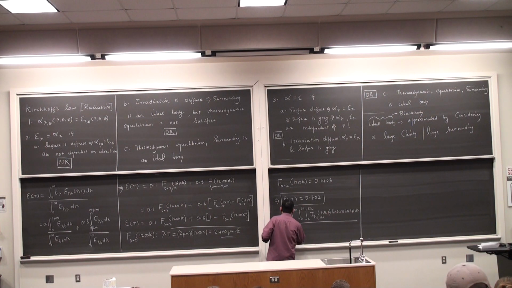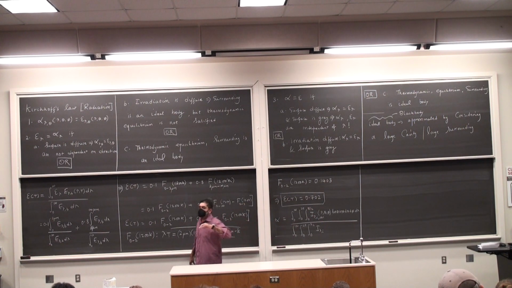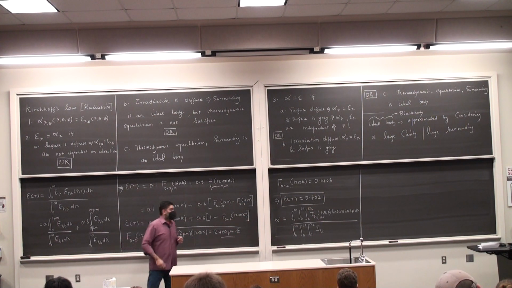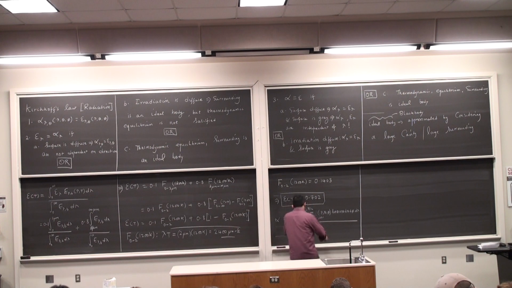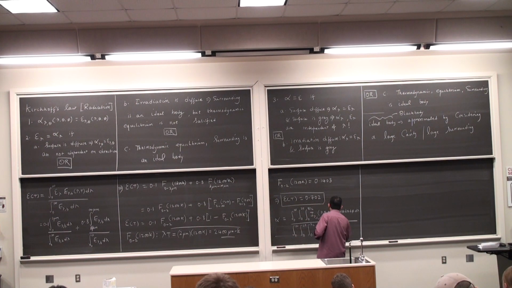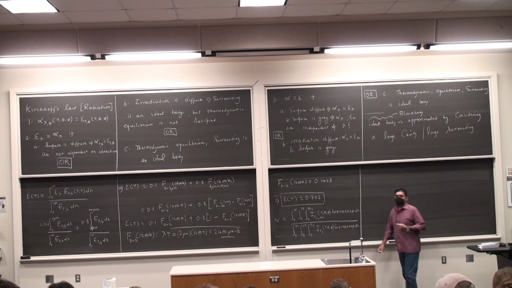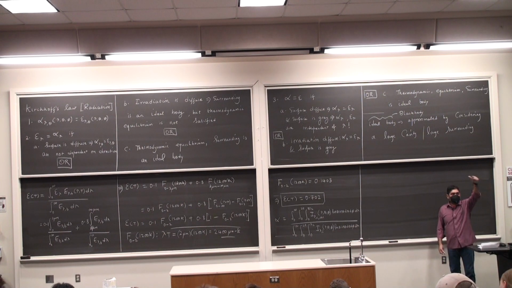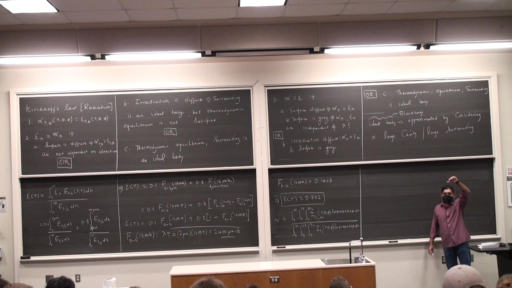This is the integral from 0 to infinity, 0 to 2 pi, 0 to pi by 2, of I lambda comma i, meaning that this is incident radiation coming from the surroundings, times sin theta cos theta d theta d phi d lambda. And please let me know if my writing is small for people on the back and the sides. Okay, can you all see my writing?